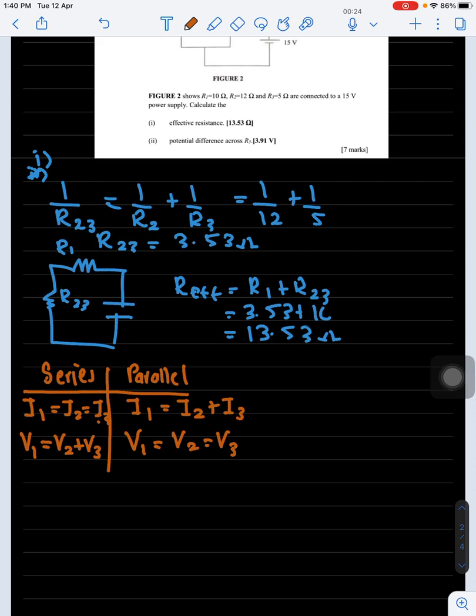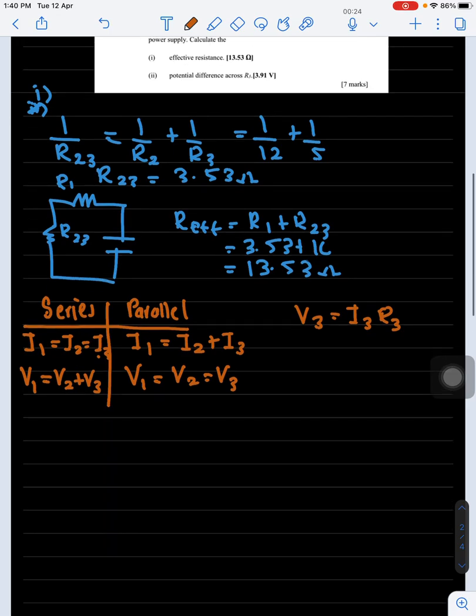Okay, so for the second question, you want to find the voltage across R3. In order to find the voltage across R3, we need to find the value of current I3 first. So the first step, we do the equation.